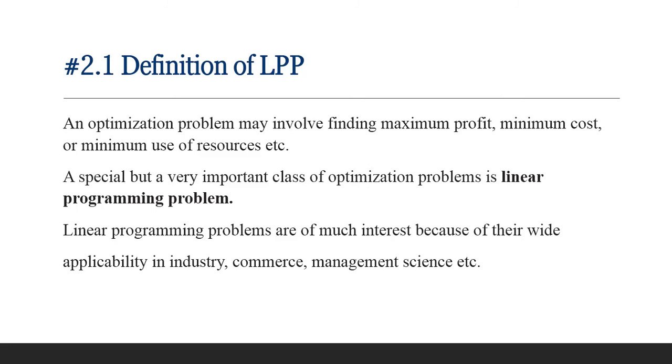On the other hand, we minimize the expenditure or cost, or minimize the use of resources like time, employees, money, etc. In business, in order to achieve profit, one thing is you need to increase the profit. On the other hand, you need to reduce the wastages or expenditures.